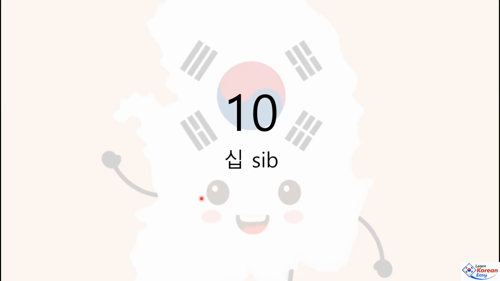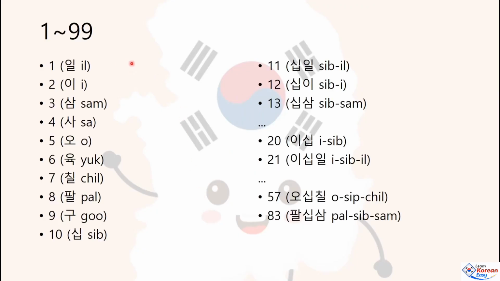Okay, so let's try from 1 to 10. 1, 2, 3, 4, 5, 6, 7, 8, 9, 10. Let us go backward. 10, 9, 8, 7, 6, 5, 4, 3, 2, 1.